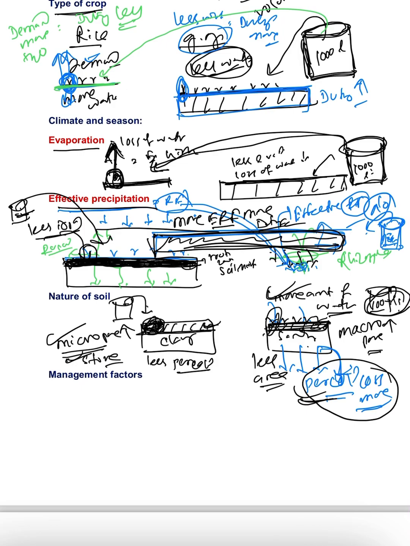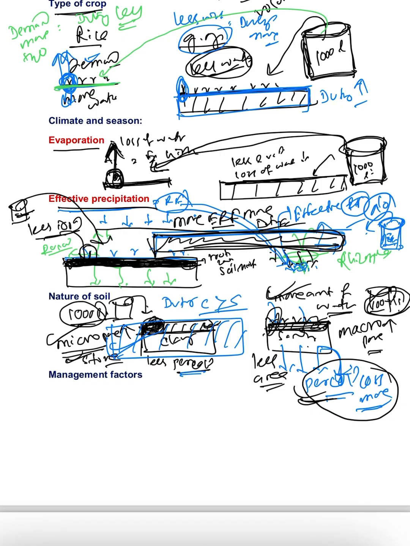So with clay soil and 1000 liters of water, I can irrigate more area, because the percolation loss is very low. Okay, so duty of water will be more in clay soil as compared to sandy soil.